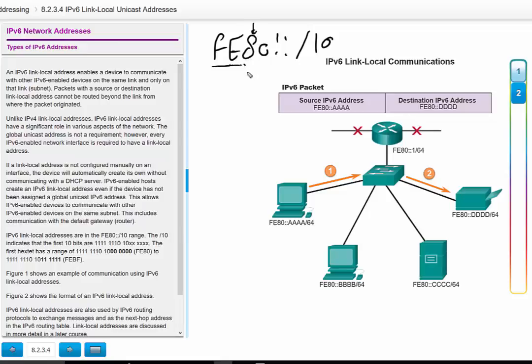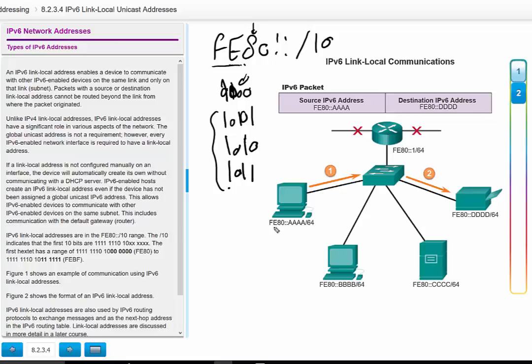So 8 is actually 1000, and 1001, which is 9, is also part of this, and 1010 and 1011. All these are part of this category of link local IP addresses, and this will be used for communication within the local area network.